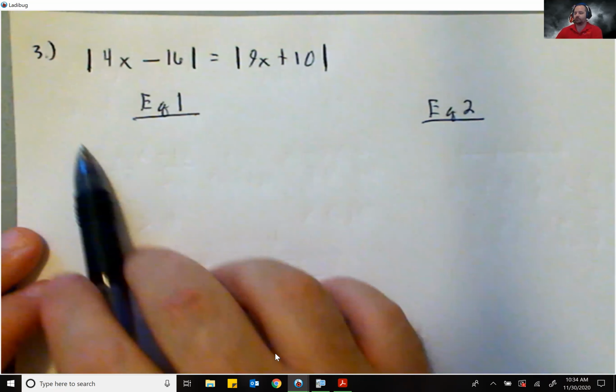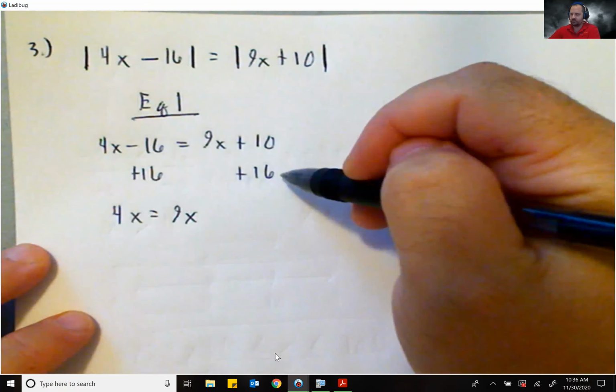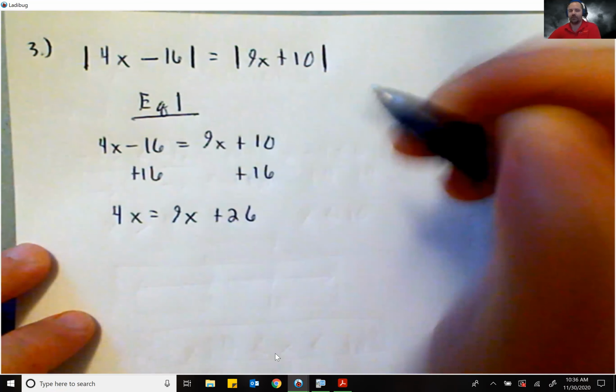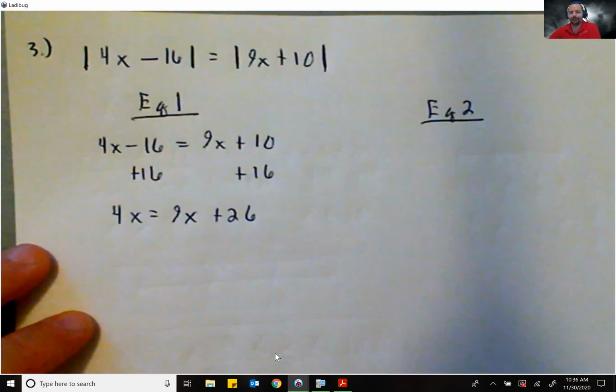How do we get x by itself? What are we going to do? Plus 16 on both sides. 4x equals 9x, and 10 plus 16 is 26. Now what? Divide by 4. No dividing yet. You've got to get all your x's on one side.